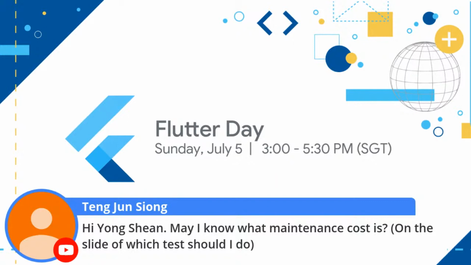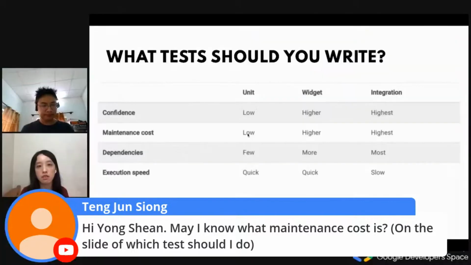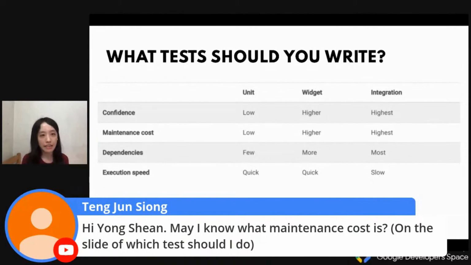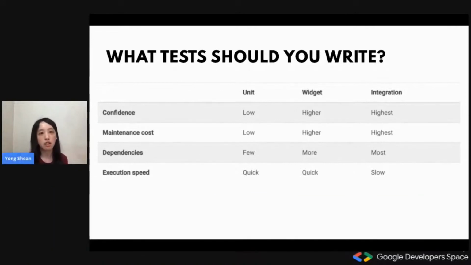For unit tests it is the lowest, because when you have written a small function, the cost is low since you are unlikely to make changes to all the smaller functions. But widget tests are higher, because in one widget you might call several smaller functions, or it might contain some child widgets.